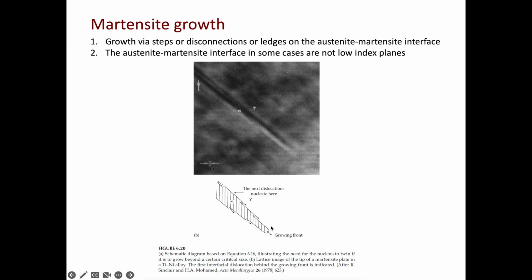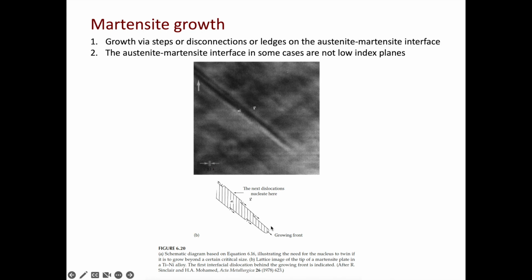The growth mechanism I just mentioned is very similar to what people observed in mechanical twinning or deformation twinning, how the twin boundary migration happens. In fact, there are many similarities between martensitic transformation and deformation twinning.